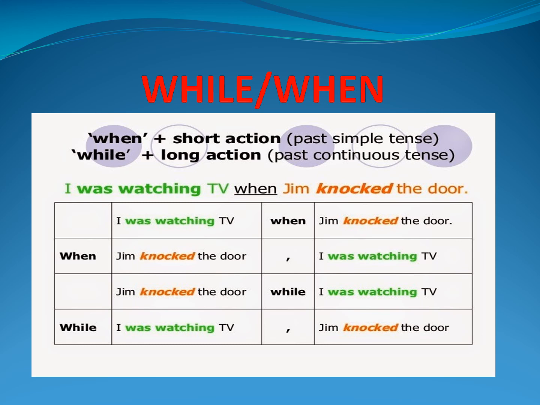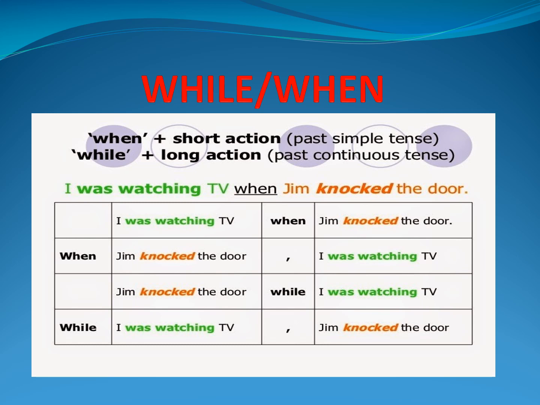So when Jim knocked the door, that is a short action, comma, I was watching TV, which is a long action, because I started watching TV before Jim knocked the door. Jim knocked the door while I was watching TV. So while here is in the middle. So there is no need to put a comma here.